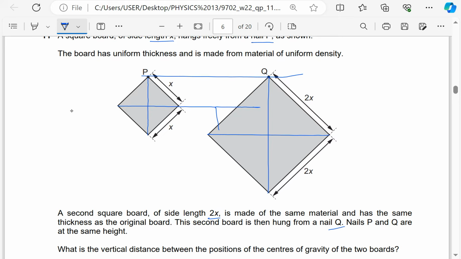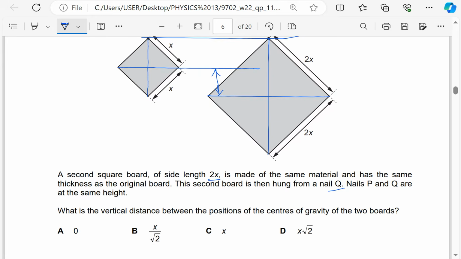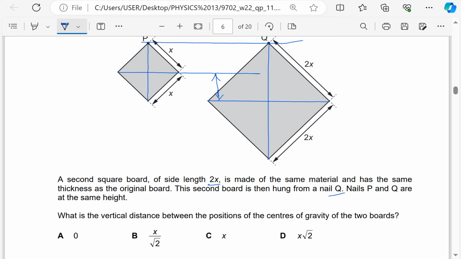So I think it seems like this is the distance we are looking for. What is the vertical distance between the positions of the centers of gravity between the two boards?